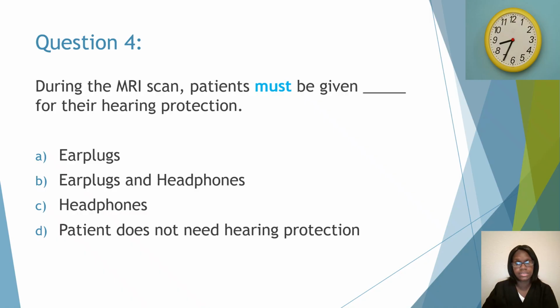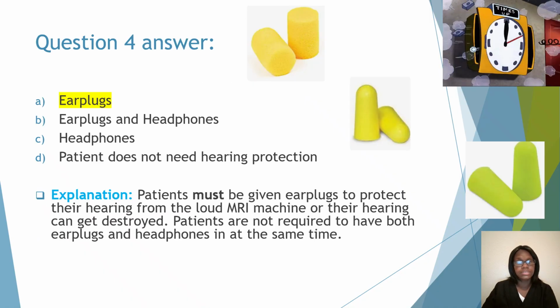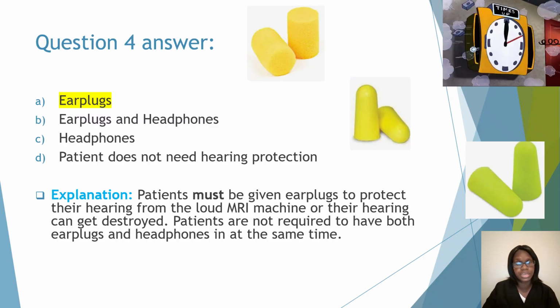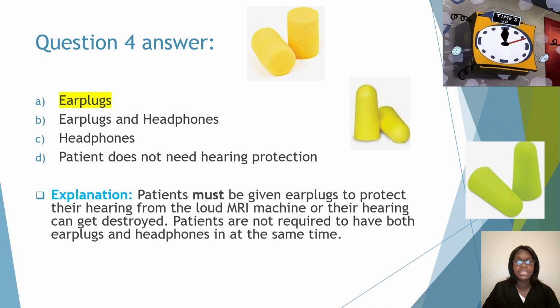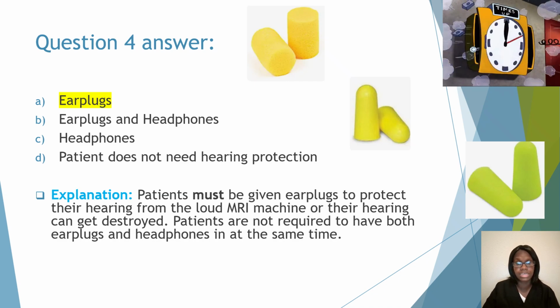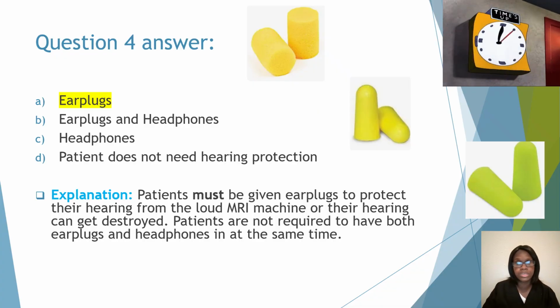Okay, the correct answer is A, earplugs. Patients must be given earplugs to protect their hearing from the loud MRI machine or their hearing can get destroyed. Patients are not required to have both earplugs and headphones in at the same time. So please do not let patients refuse hearing protection.